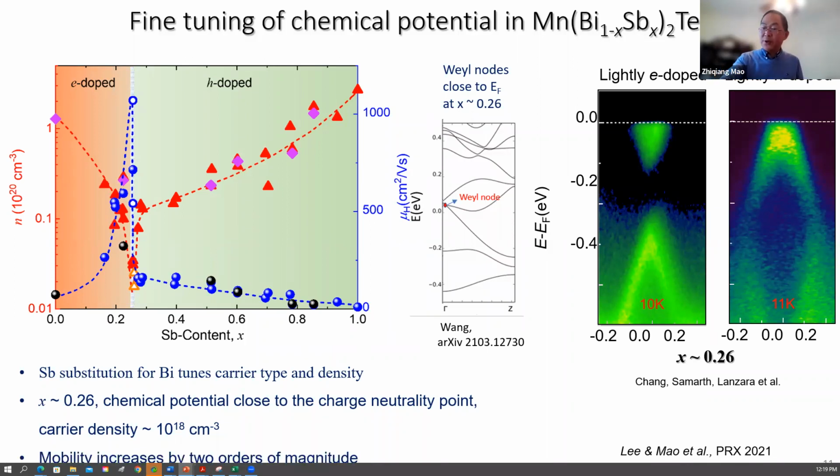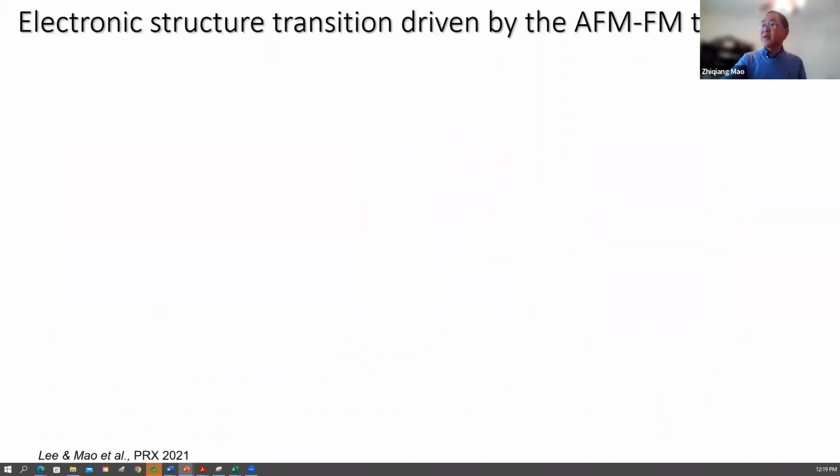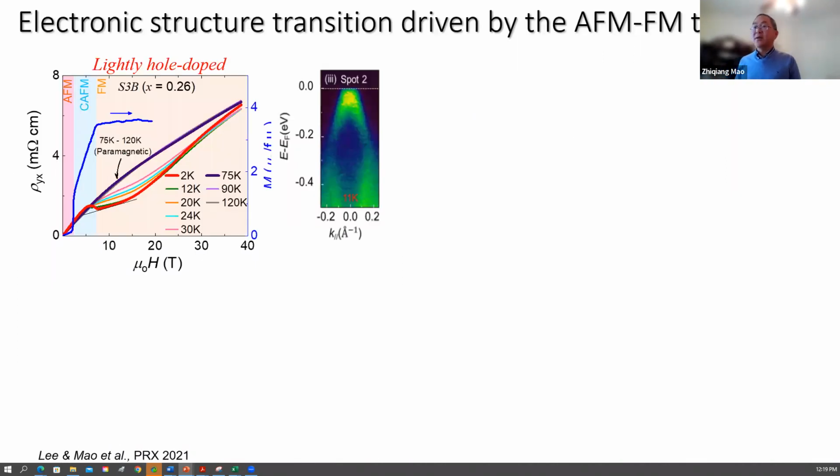So now let me show you the transport evidence. First, let's look at the Hall resistivity. Here we also put it together with the magnetization data. The blue curve is magnetization. That can tell us the phase transition from AFM to canted AFM to ferromagnetic, labeled with different colors.